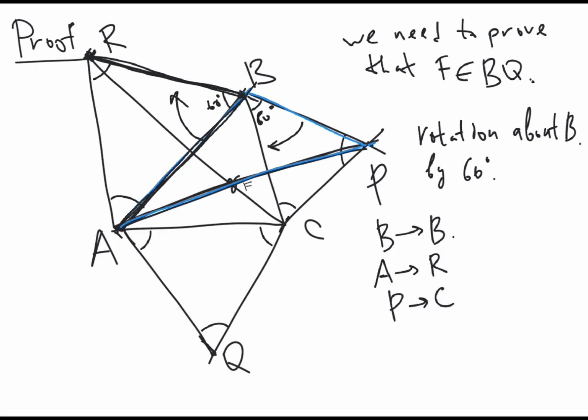And so the whole segment AB maps to the segment RB. So when we rotate one side of an equilateral triangle around its vertex, this side is mapped to another side, right? So the same way BP is mapped to BC. So in total, this triangle that I highlighted in blue, the triangle ABP, is mapped to the triangle RBC, right?